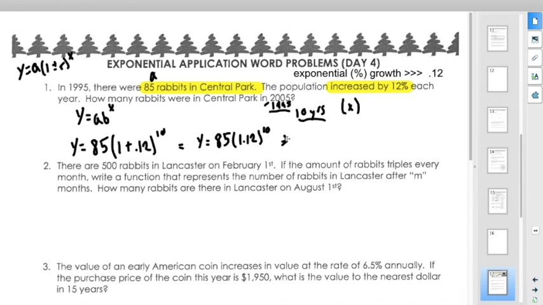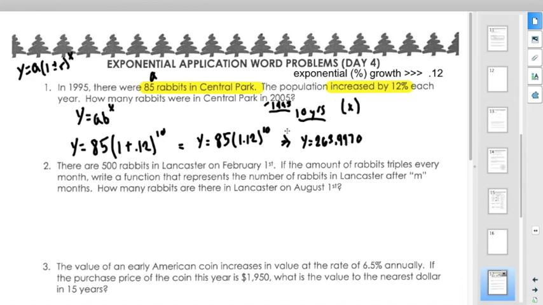This is exactly how you should put it in the calculator: 85, parenthesis 1.12, end parenthesis, raised to the 10 power. And what we get there is y is equal to 263.997.